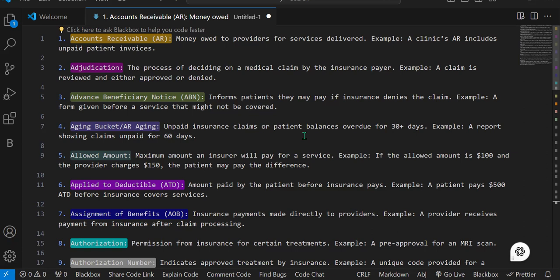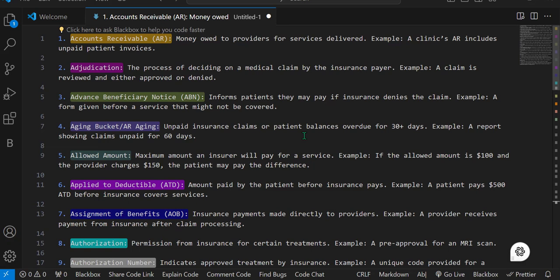Advance beneficiary notice. An advance beneficiary notice informs patients they may have to pay if insurance denies the claim. Example, a form given before a service that might not be covered. For example, a patient has insurance, like a health card, but has a disease whose services the insurance will not cover.